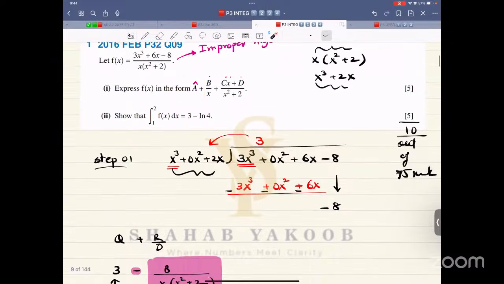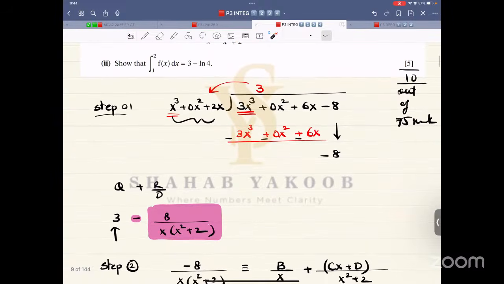First thing first, you multiply x with x squared plus 2, which is x cubed plus 2x. That is the divisor. There is an x cubed, x squared is missing, there is an x. So over here, write that x squared with a 0 coefficient, take the highest power, divide, and you will get a 3.